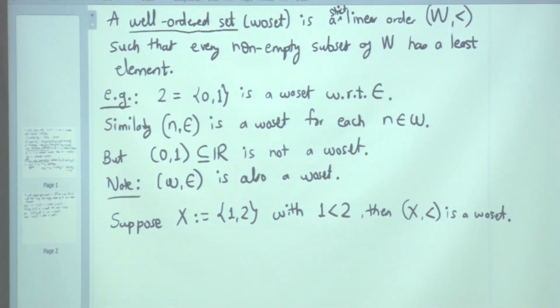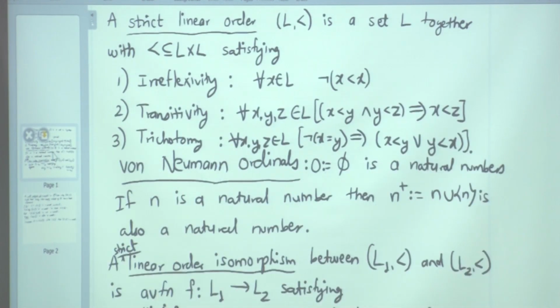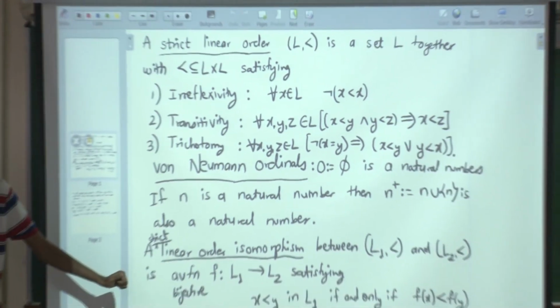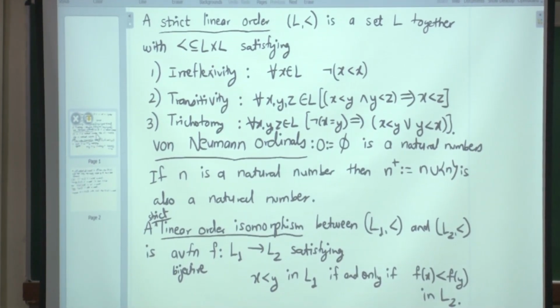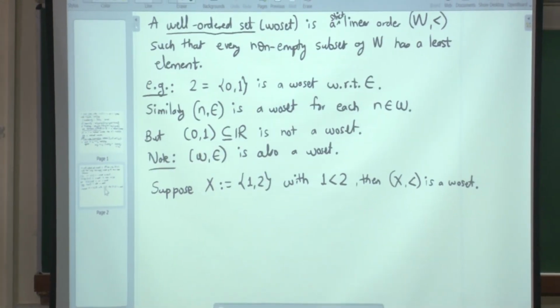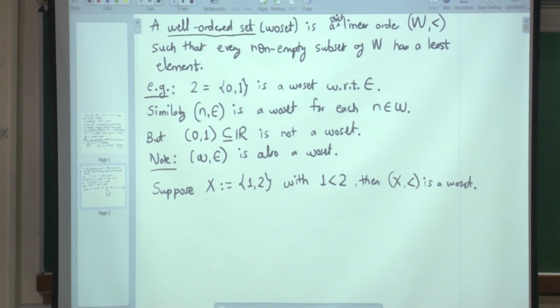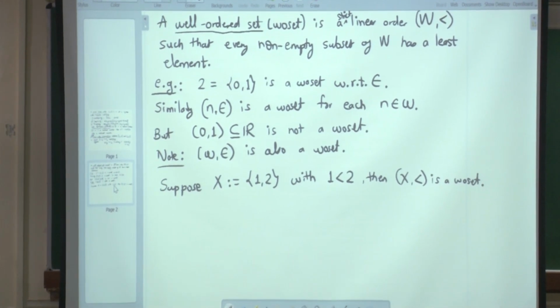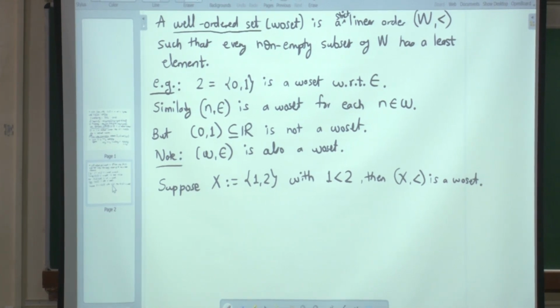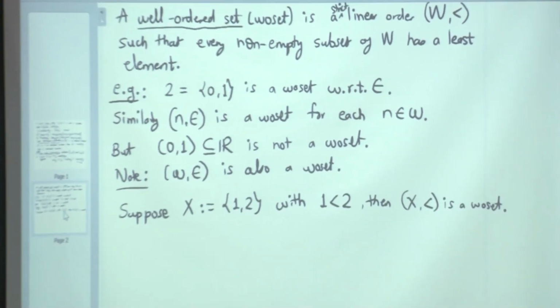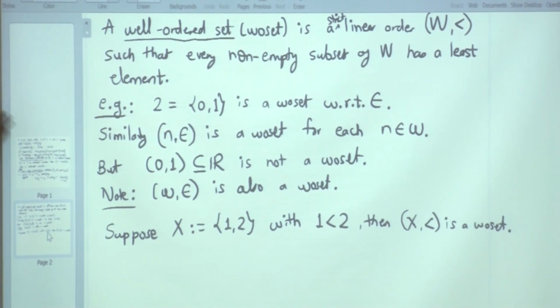Okay, but now comes the interesting thing. Please look at what we wrote here. A strict linear order isomorphism is a bijective map which preserves and reflects orders. So can you tell me if X is isomorphic to any other well-known linear order? Something from our list?